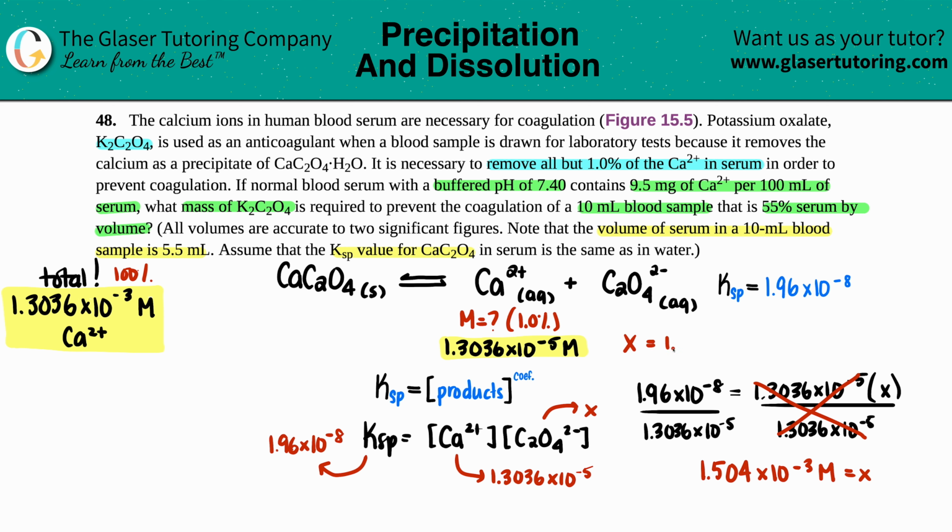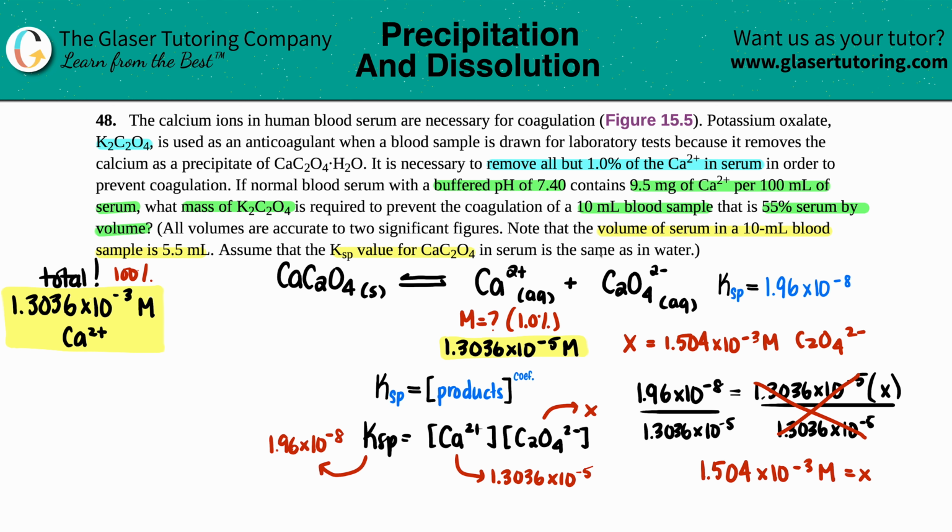So I have 1.504 times 10 to the negative third molarity of the oxalate ion that is needed to basically start precipitation from that calcium. But now, they're asking for what is the mass of the K2C2O4 that's required to prevent coagulation if it's 55% volume.